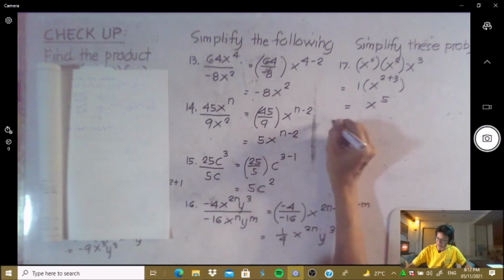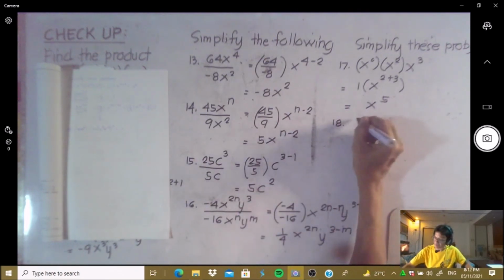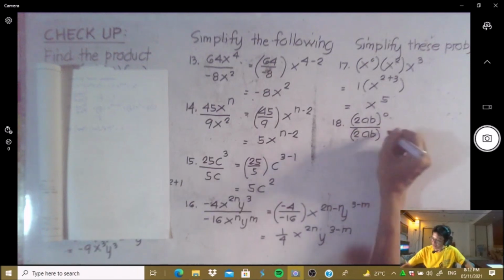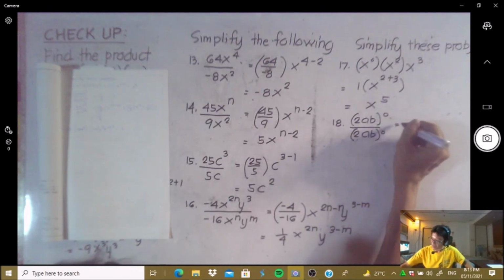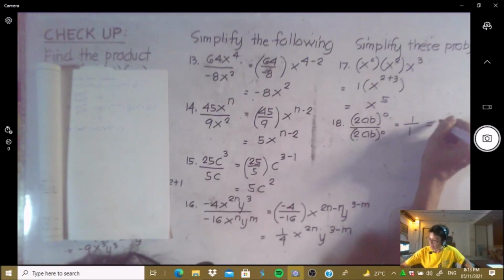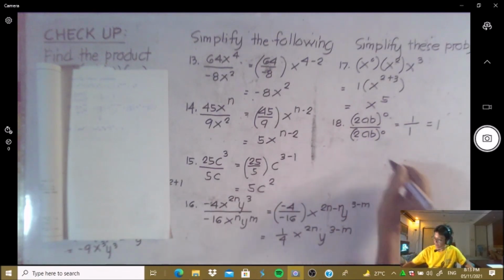For number 18, we have 2ab in parentheses raised to 0 all over 2ab raised to 0. Then we have any number raised to 0 is equal to 1. Therefore, 1 over 1. And our answer is 1.